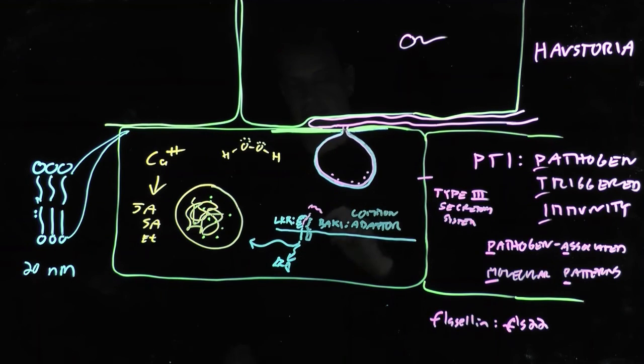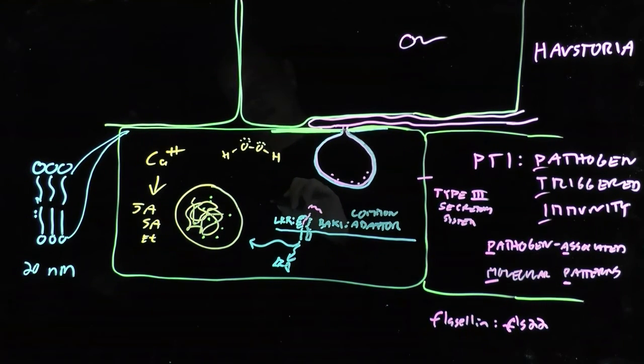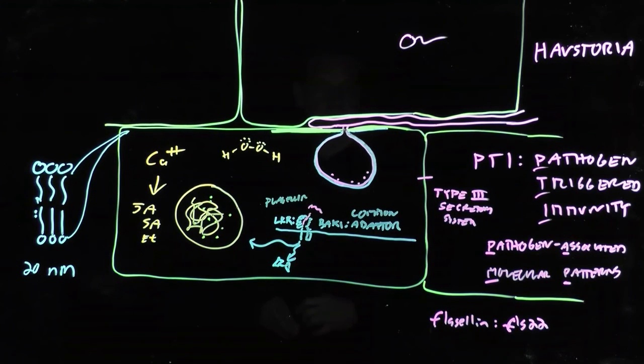And it's interesting that it's common, because the LRRs are highly specific. The flagellin receptor, which I should probably know the name of, is specific for flagellin. And then other PAMPs have other specific receptors. All of them dimerize with BAK1 to create this signal that then transduces to the nucleus.